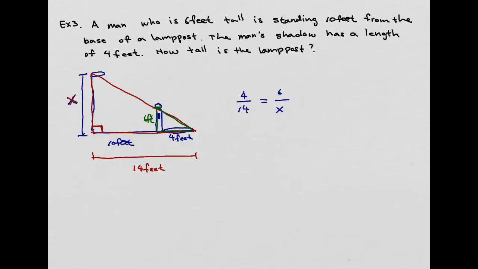Cross multiplying, I get 4x equals 6 times 14, which gives 84. And when you're dividing both sides by 4, you get 21 feet. So the height of the lamppost is 21 feet.